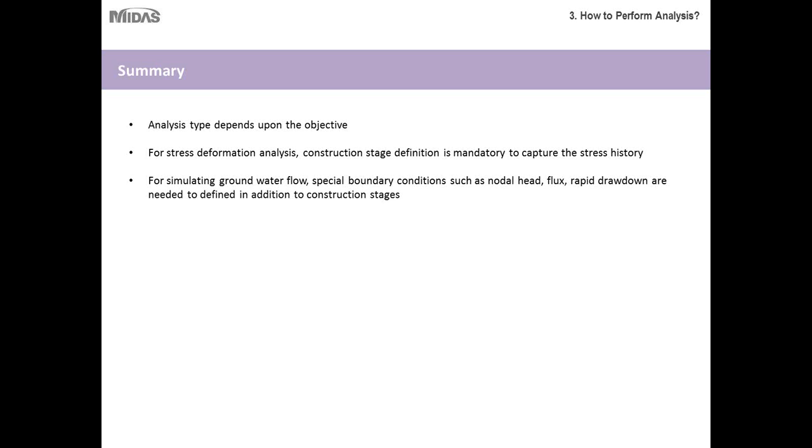For simulating groundwater flow, special boundary conditions such as nodal head, flux, rapid drawdown are needed to be defined in addition to construction stages. And the failure surfaces, could be circular or polynomial, are defined as boundary conditions for slope stability analysis.